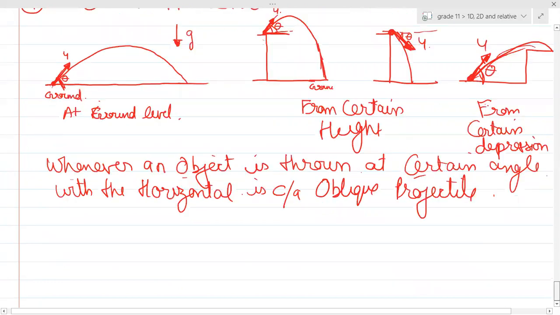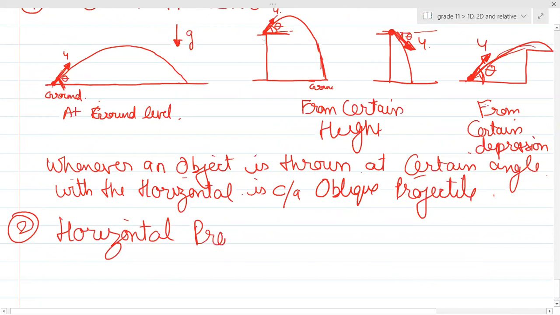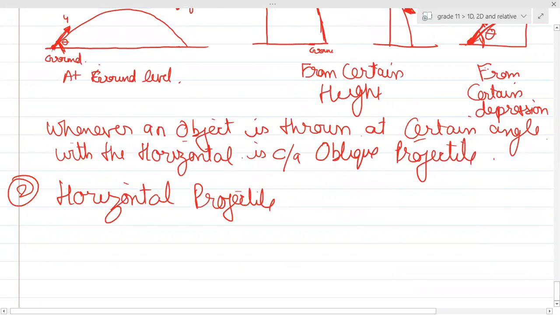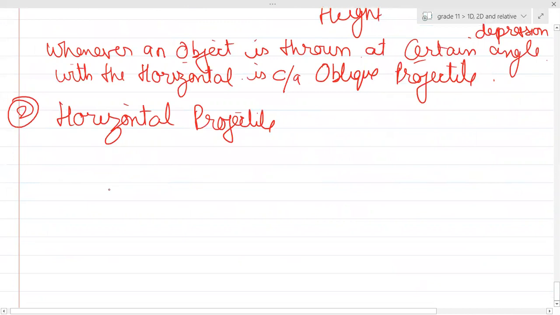Yes. The second type of projectile is called the horizontal projectile. A horizontal projectile will always be thrown from a certain height. Obvious reasons. Suppose you throw this object horizontally, it will just run on the ground, right? So always remember, a horizontal projectile is when you have an object and you throw it from a certain height in such a way that the initial velocity is in the horizontal direction.